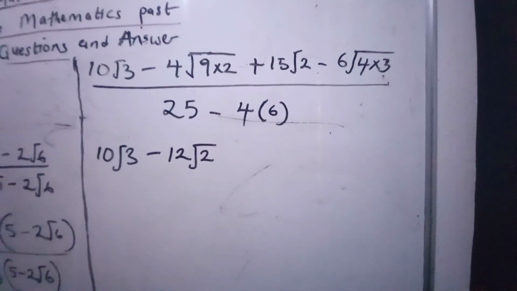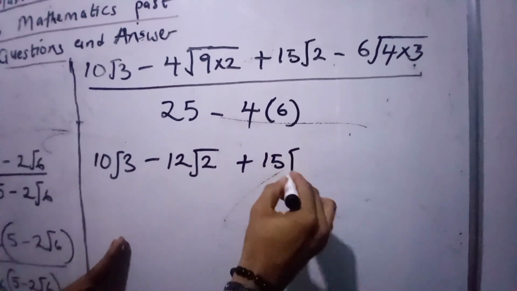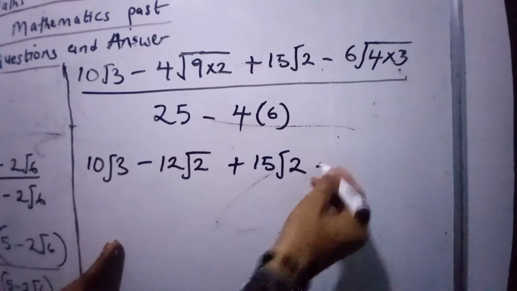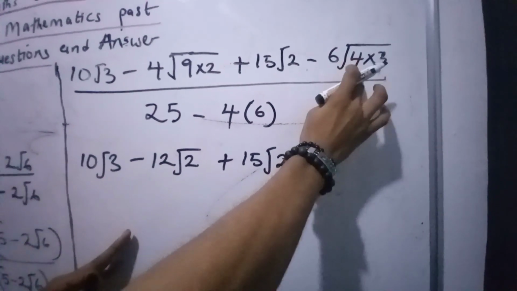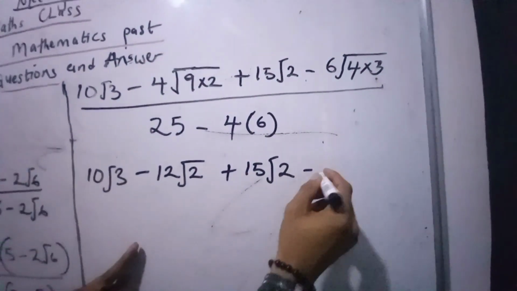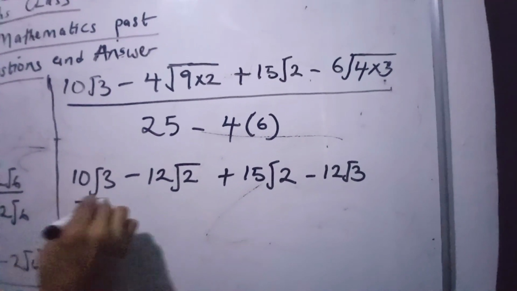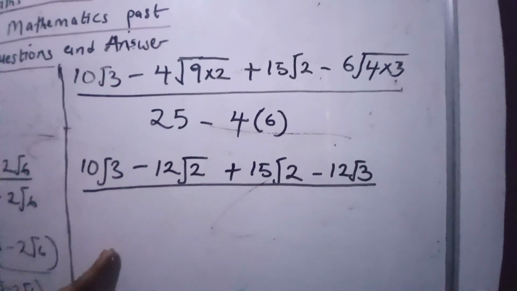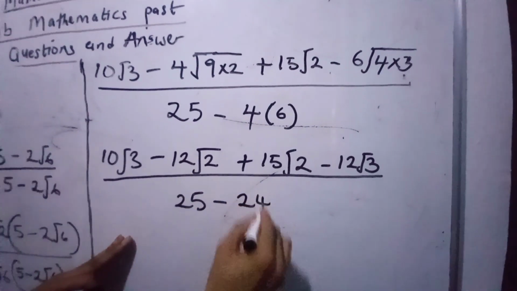Okay, so we continue by saying plus 15 sod 2 minus 4 is a perfect number. So the square root of 4 is what? 2. 2 times 6 is what? 12. So minus 12 sod 3 over 25 minus 24.